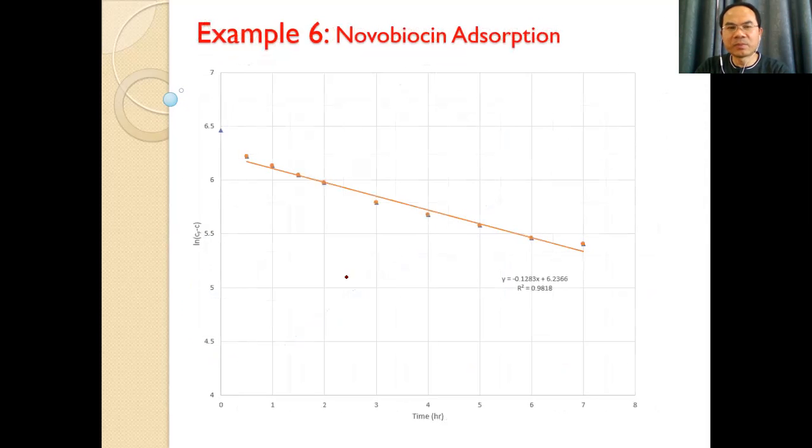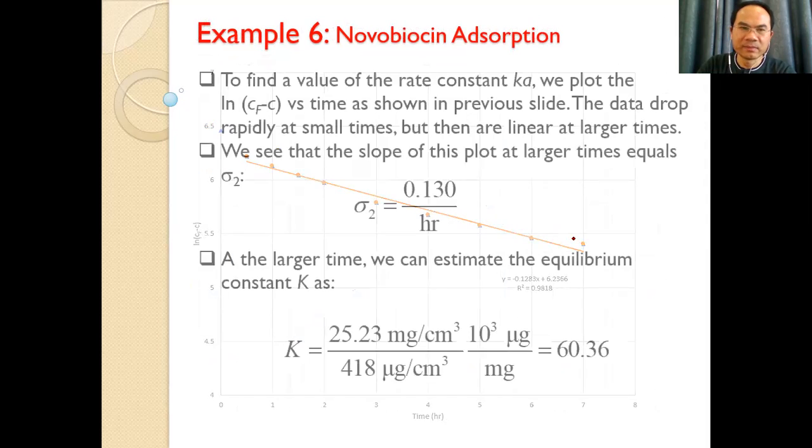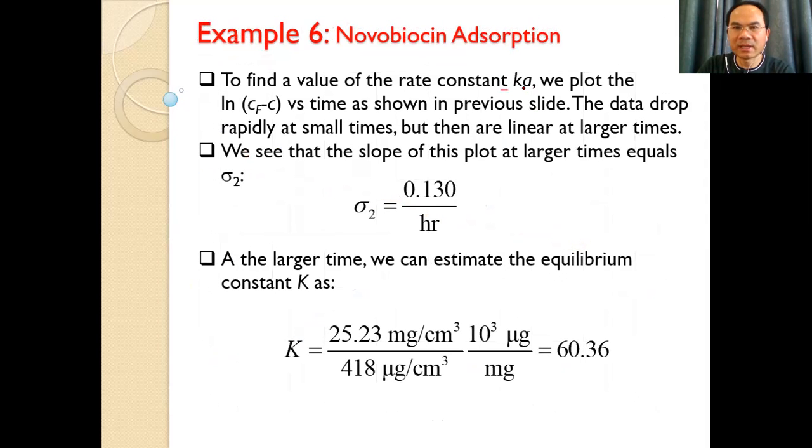In this case, after you plot, you have some rapid drop at the initial time, but then it follows the trend of a linear relationship. To find a small value of Ka, we plot this. The data drop at small time, but then are linear at larger time. From this case, you can calculate sigma 2 as the slope.